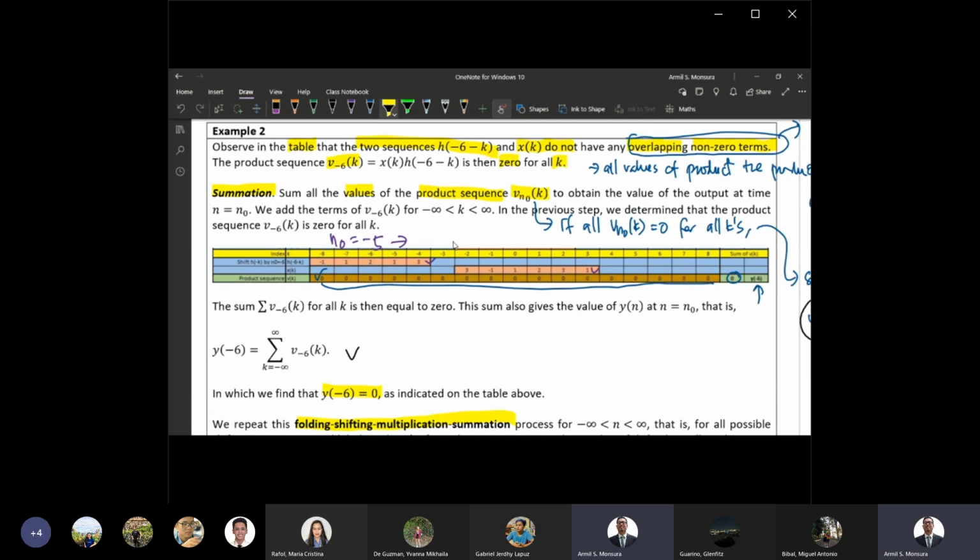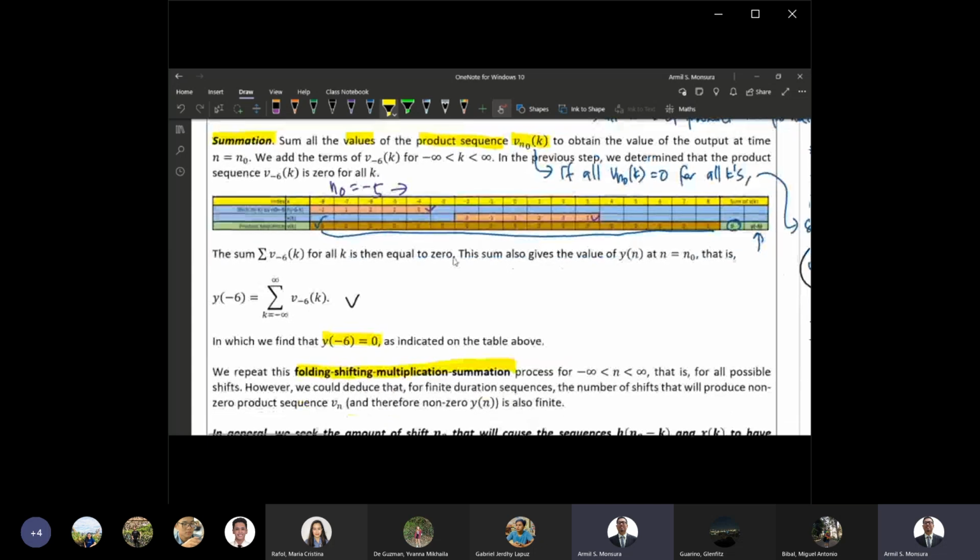Once we do the shift, maghahanap din tayo ng shift that produces overlapping non-zero values for h and k. So maghahanap tayo ng shift na meron tayong mamumultiply so that the product sequence is not entirely 0.